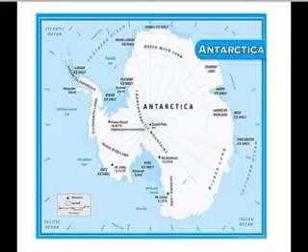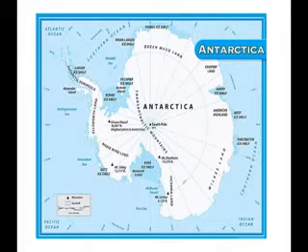So let us see the next important continent, that is Antarctica. It is the fifth largest continent. As we know, Asia is the largest continent among the 7 continents, and Antarctica is the coldest, windiest, and most inhospitable place in the world.